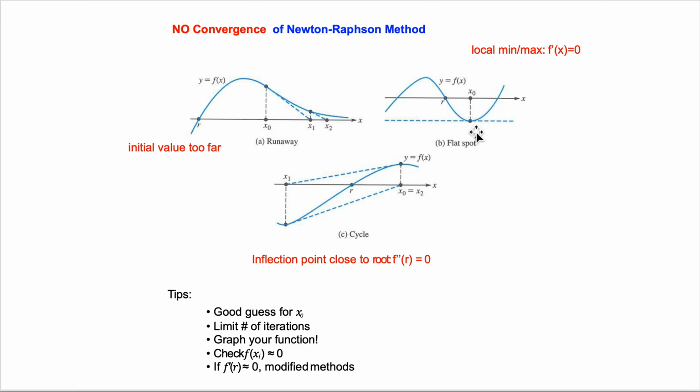Let's say our initial guess x0 is exactly at this point. Here we have a flat Taylor series, right? The derivative here is 0. So this line will actually never cross 0, and the method won't even work for one iteration. This is a really bad case.